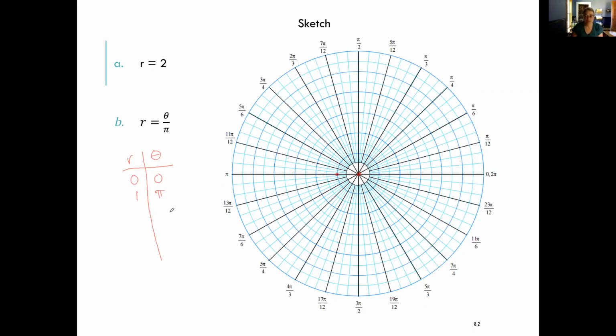So let's get some points in between. If theta is pi over 4, that means r is 1/4. This is 1, so 1/4 is about here. At pi over 2, we're going to have 1/2. At pi, we're already to 1.